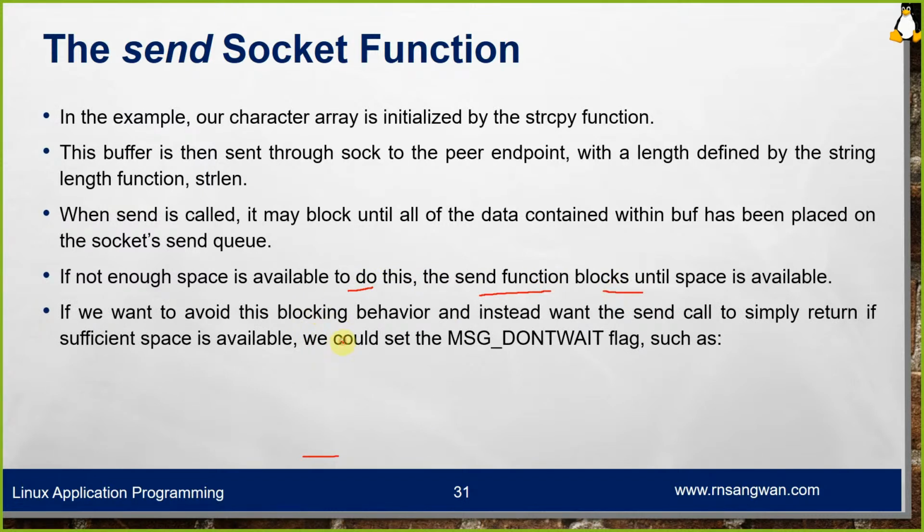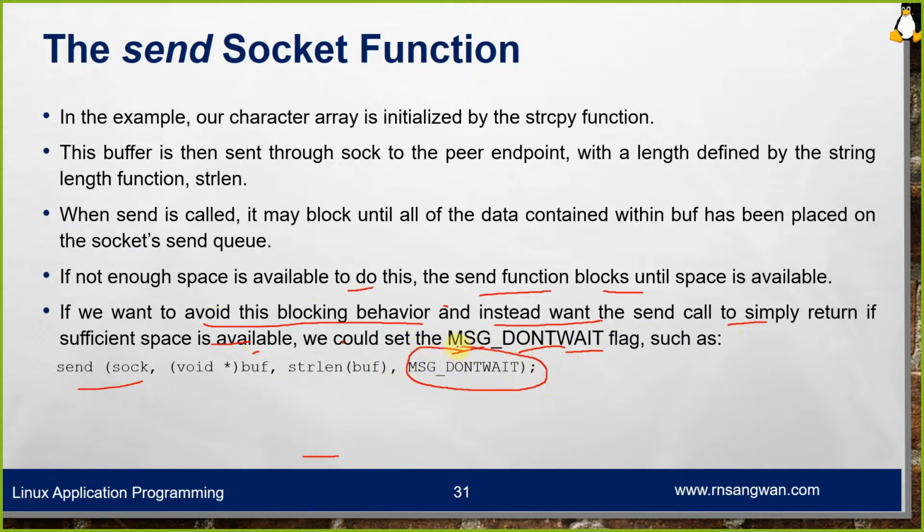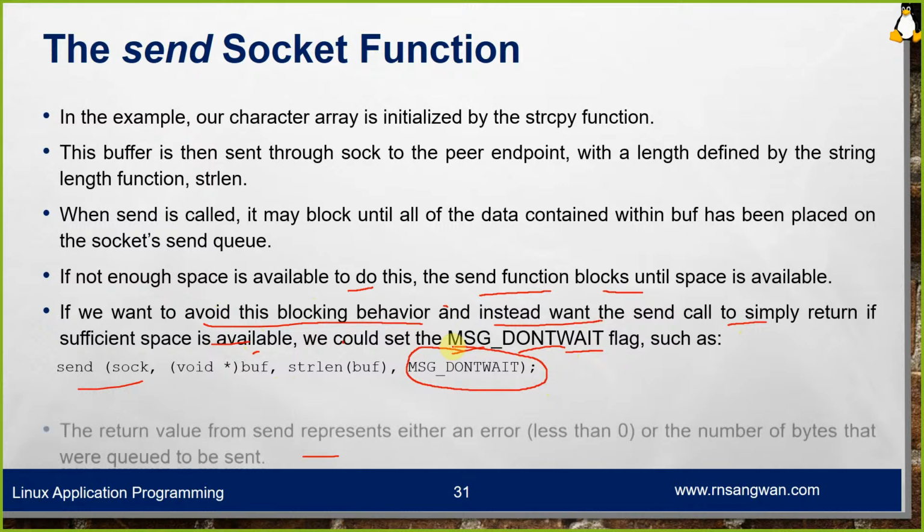If we want to avoid this blocking behavior and instead want the call to simply return if sufficient space is not available, we could have set the message don't wait flag, like this, as the third flag which was 0 in the previous example. This could be used as a third argument, the special flag.